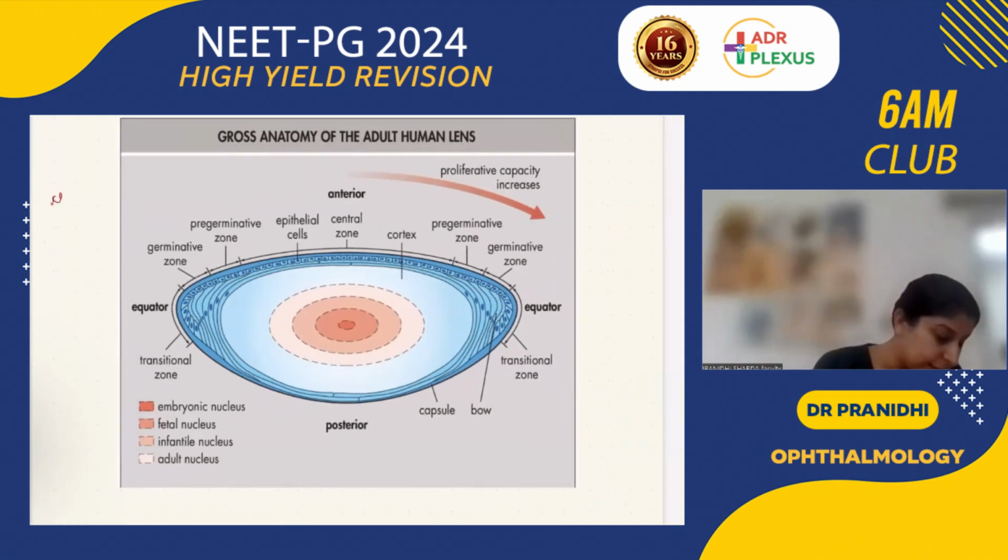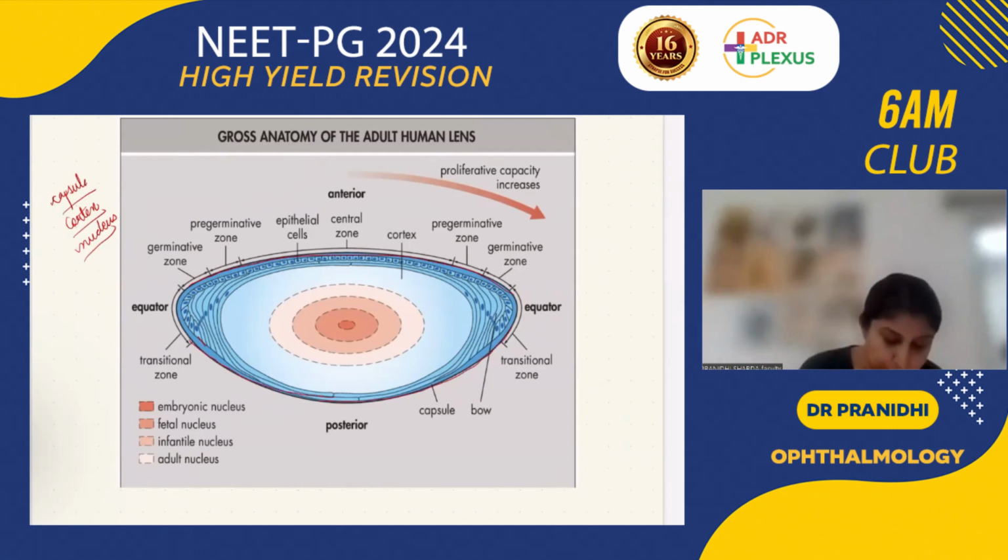The outermost layer is the capsule, then the cortex, and the innermost is the nucleus. So outermost, you will get a capsule which is present anteriorly as well as posteriorly.